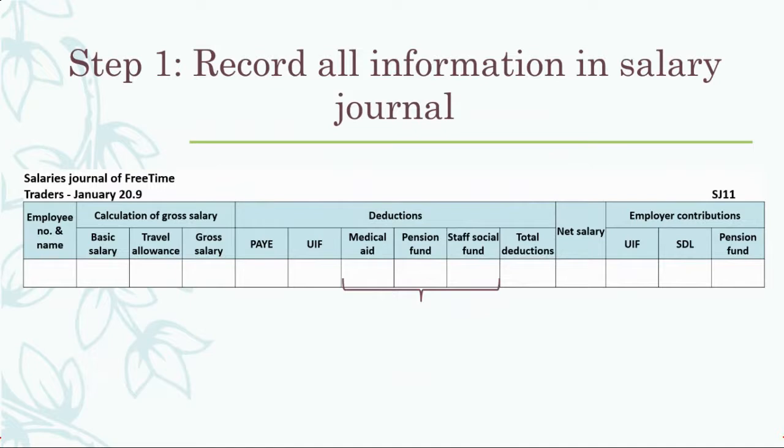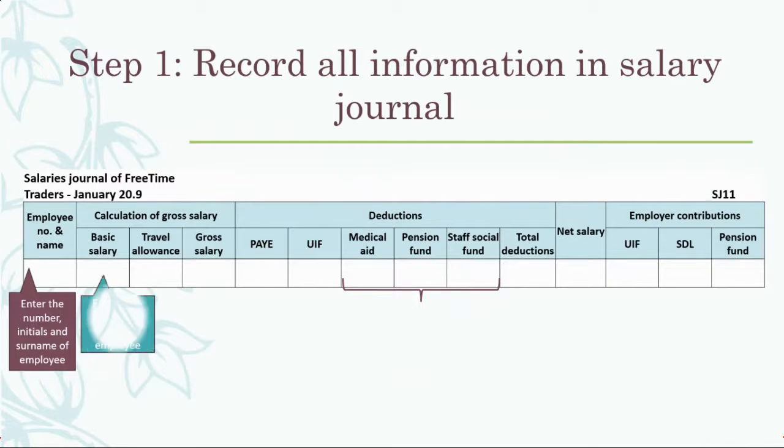Okay, so let's quickly look at what the salary journal looks like. You've got your employee number and your name. This is where your employee's name is, and if they've given you the employee number, you include it next to it. Your basic salary is the basic monthly salary based on the normal hours that they work.